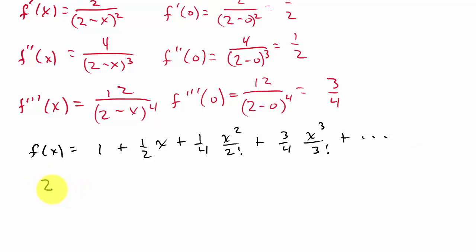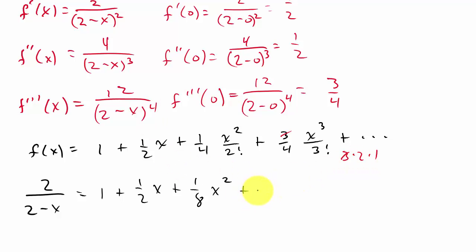So we have 2 over 2 minus x is equal to 1 plus 1/2 x plus 1/8 x squared plus, and remember 3 factorial is equal to 3 times 2 times 1, and you can see those 3's would cancel, and so I would be left with 1/8 x cubed plus dot dot dot.